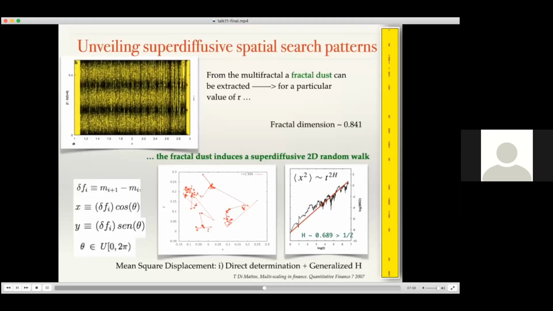So the sets of points in the fractal dust, after being submitted to that calculation, are able to produce a random walk on the plane, and when we have that random walk we can determine the mean square displacement by direct determination, just by calculating the best fit, or using the generalized H method proposed by Di Matteo. We obtained that for the case of the fractal dust inducing a random walk, the Hurst exponent is larger than 1/2. That means that we are in the case of a superdiffusive random walk.